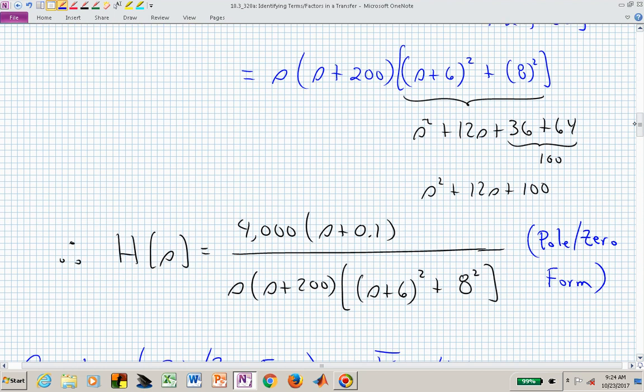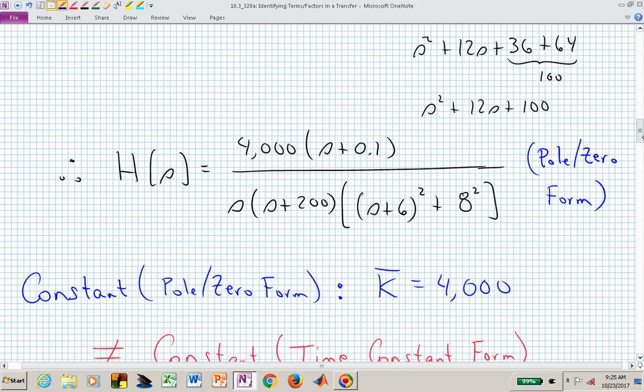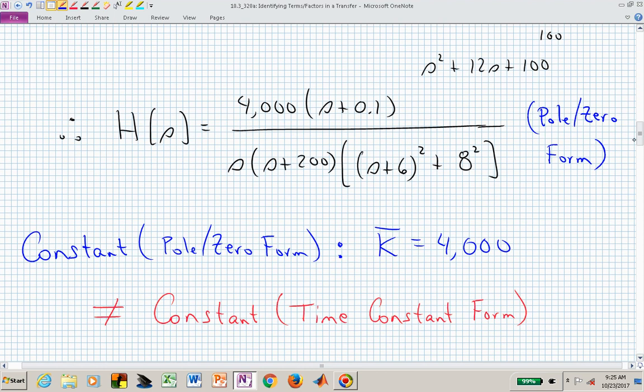But for now, to just think about where these poles and zeros are located, the pole zero form is a nice structure, and that immediately falls out once you factored the numerator and the denominator. In this case, we have a constant, which is from the pole zero form, and that's a different constant than what you would find as the constant in our time constant form.